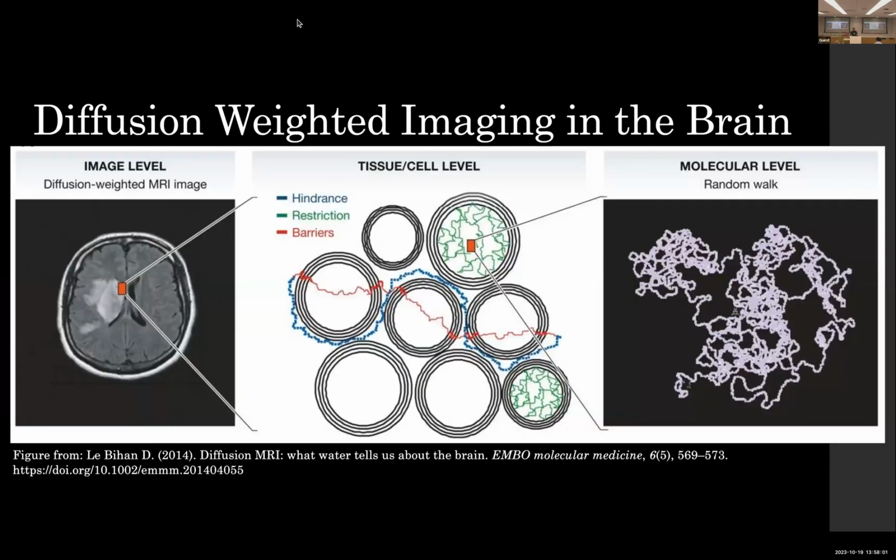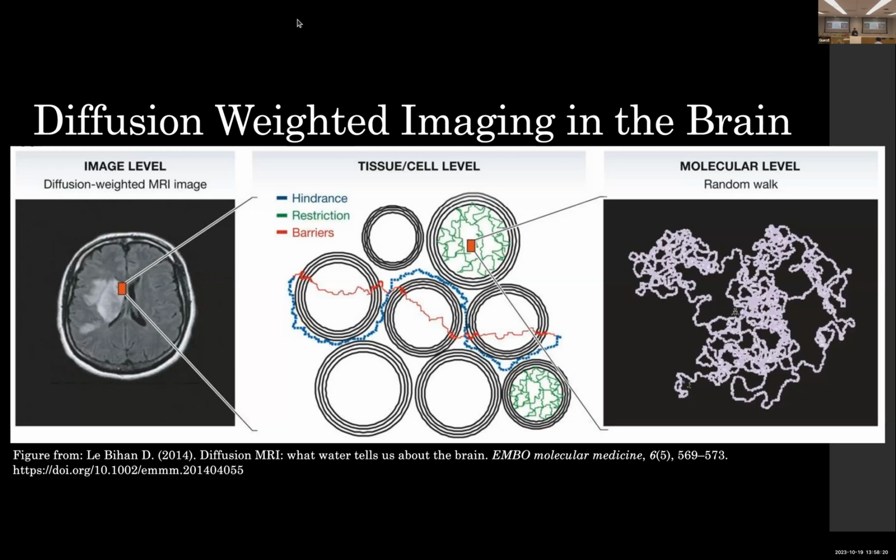So diffusion-weighted imaging of the brain is one way to measure the structure and the structural connectivity between the regions of the brain. We're looking at how water moves around, and there's various things in the brain that can stop water from moving, and some of those matter more.